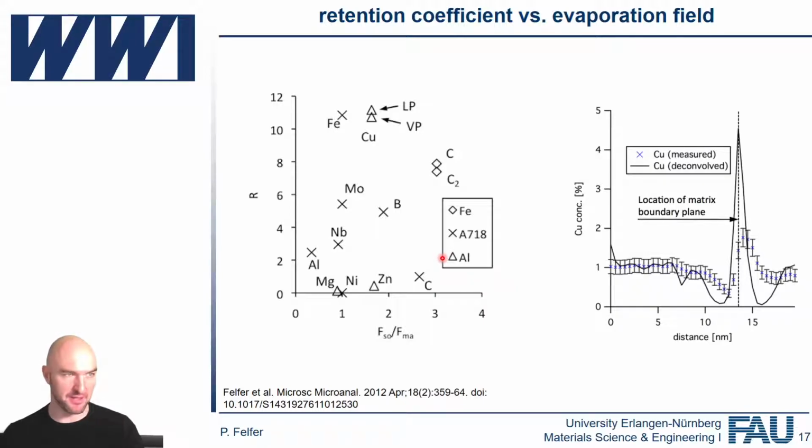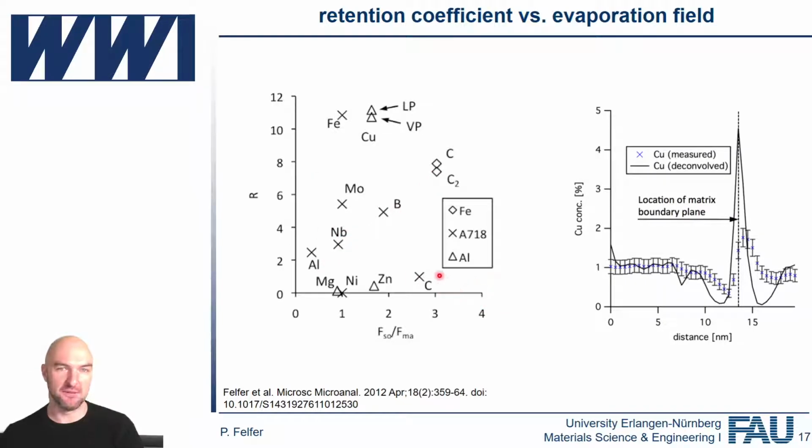The thing about that is it's not actually easy to relate the retention function, essentially the proportionality factor of this exponential decay, with the nominal evaporation field of the solute relative to the matrix. There's sort of a trend that the harder the solute is to evaporate, the longer it gets retained.